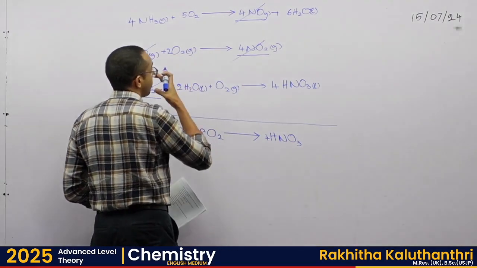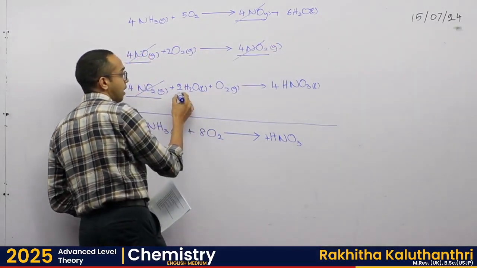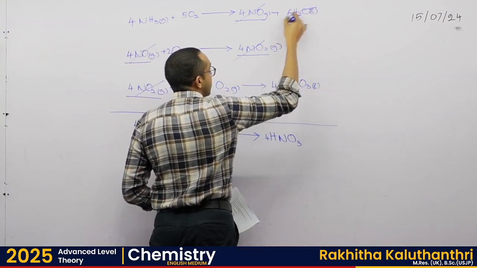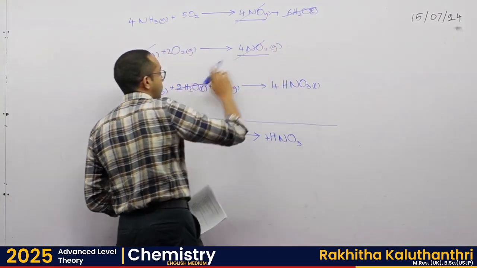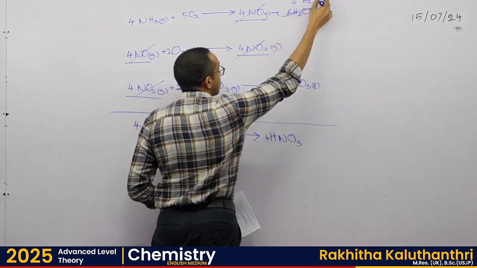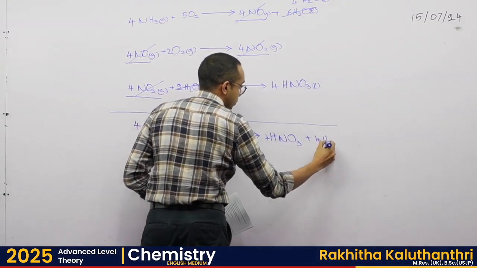And apart from that, we have to see whether we can cancel anything else off. Yes, we can. We have water on the left hand side and water on the right hand side. There are 6 of them. Out of that, 2 of them are used up, so that means you have 4 H2O remaining here. So on this side we can add 4 H2O.